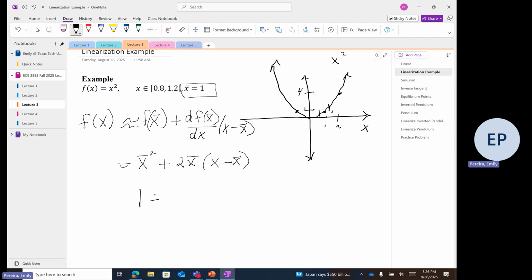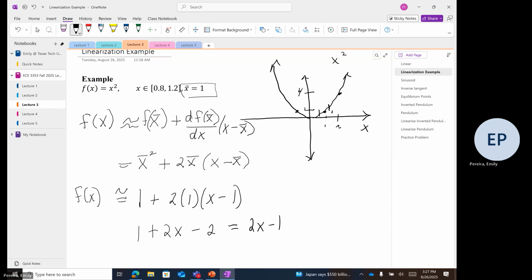So 1 squared is 1 plus 2 times 1 times x minus 1. So this is going to be our approximate f of x, 1 plus 2x minus 2, which is 2x minus 1.